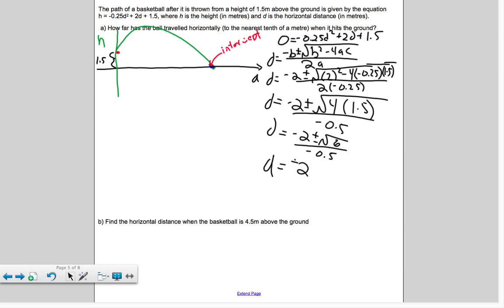Sorry? Why'd you multiply 4 and 1.5? Oh, sorry, it's 4 minus 1.5. I forgot the minus sign here. You're supposed to catch that. That's why I hate the quadratic formula. So what's 4 plus 1.5? 5.5. So we need the square root of 5.5.